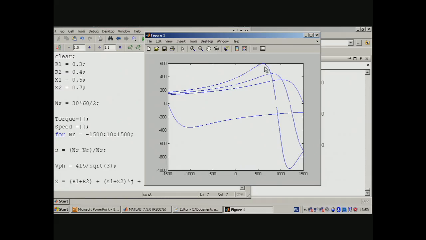It shifts up and then goes backwards a little. So the synchronous speed is here for 30 hertz, around here for 40 hertz, and then around here for 50 hertz, and so on. But then we have a problem when you change frequency but not voltage.